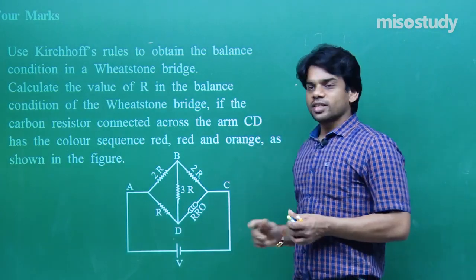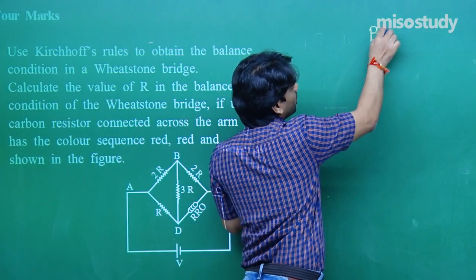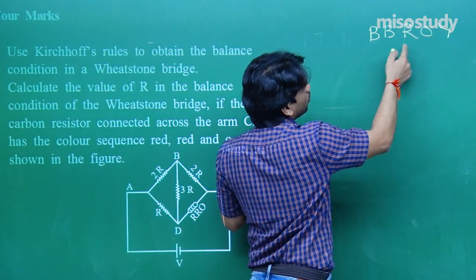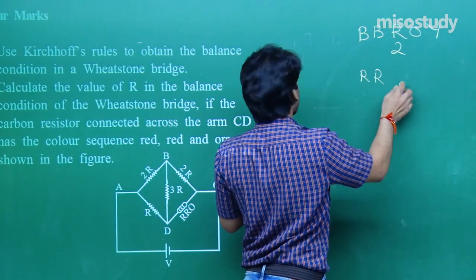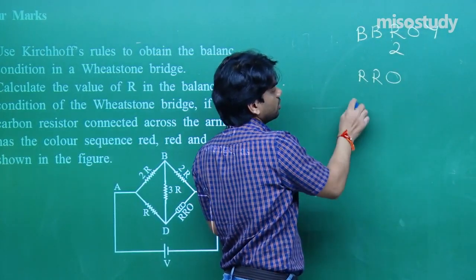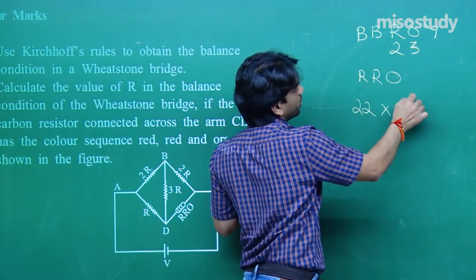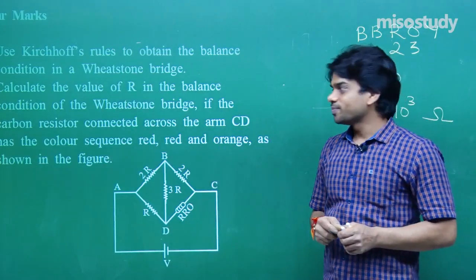First of all, I am going to find out the resistance for red, red, orange. We all know that in the BB Roy color coding 0, 1, 2, red stands for 2. So red, red, orange: 22 into 10 to the power, orange stands for 3, so 22 into 10 to the power 3 ohm. This is the value of the resistance.